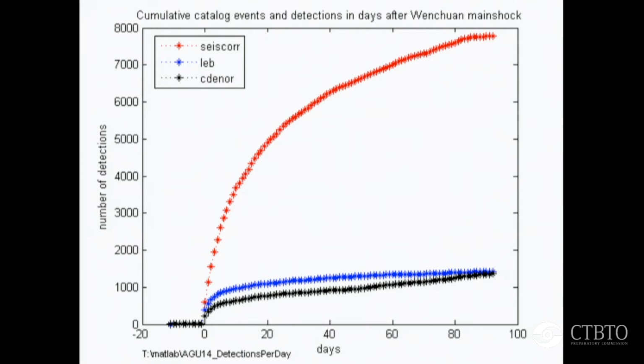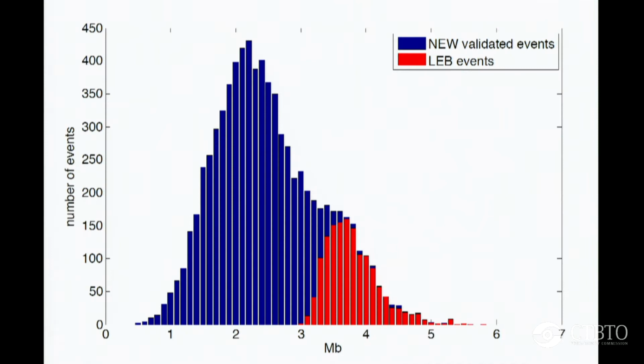And traditional bulletins show in either blue or black the number of aftershocks found as a function of time, but in red, by this method of cross-correlation detection, about 5 times more events.